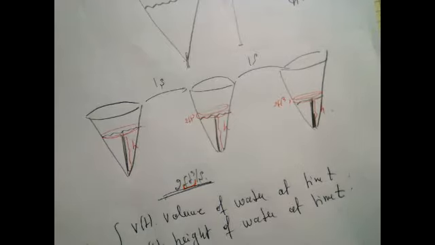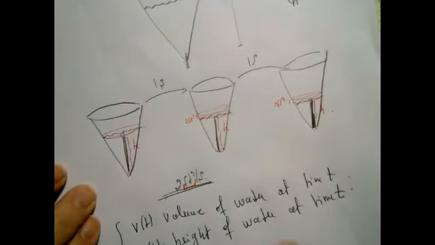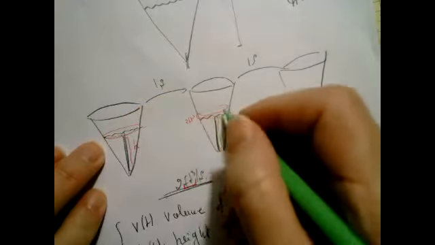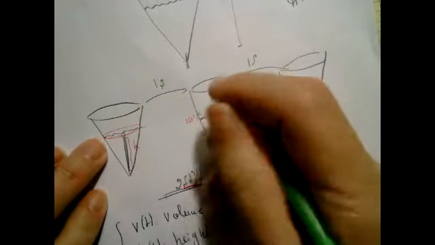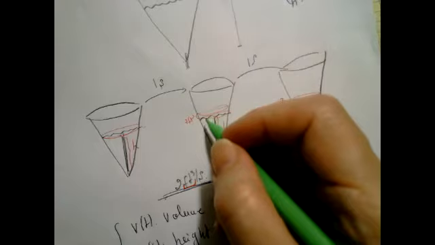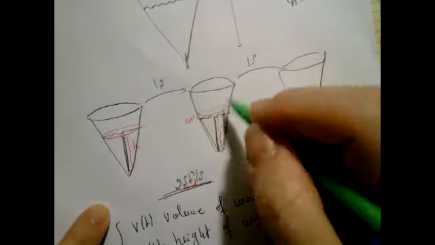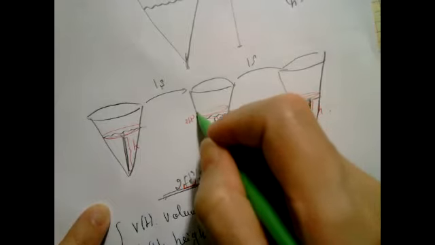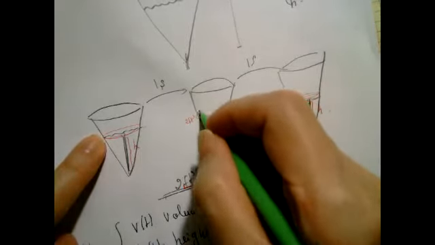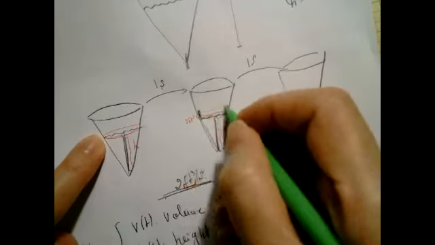Is the height changing by the same number of feet every second? What do you think? Okay, why did you tell me no? He's absolutely right. You guys are right. Because the cone is actually changing shape. Suppose the volume changes by 2 feet cubed, so let us say this is 2.